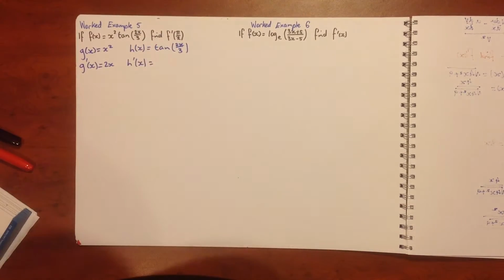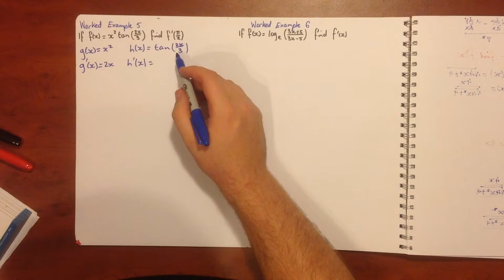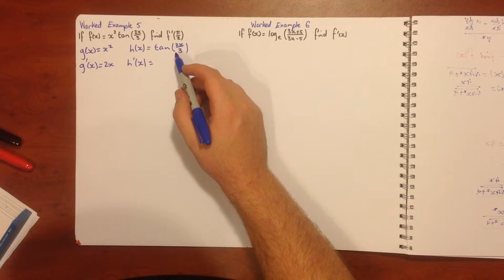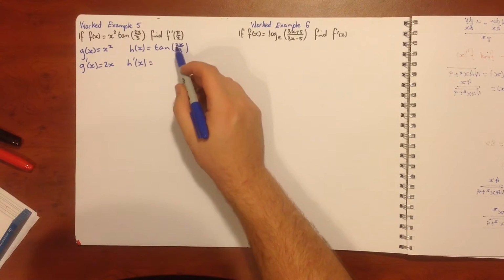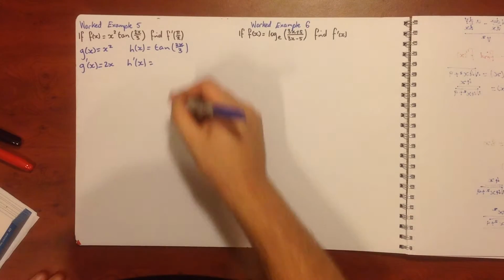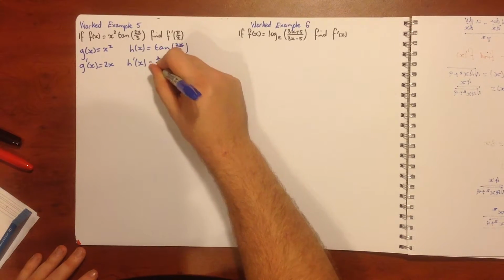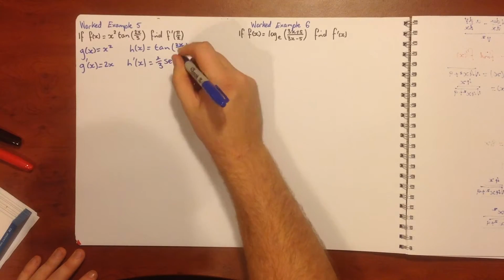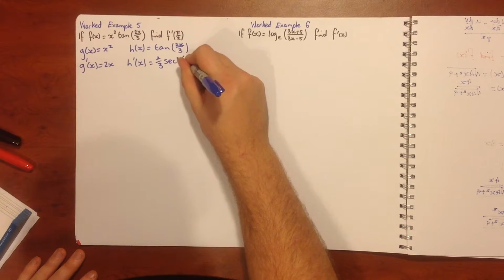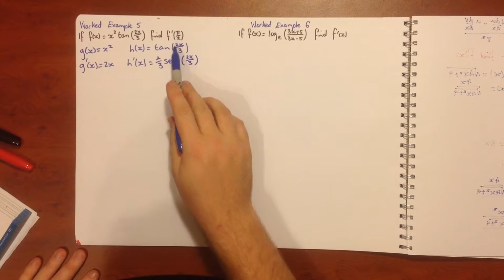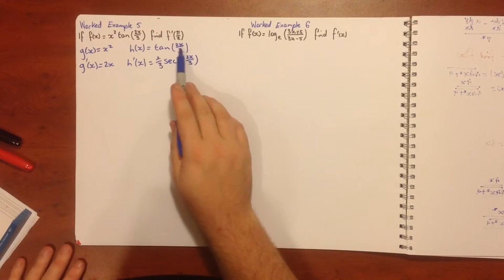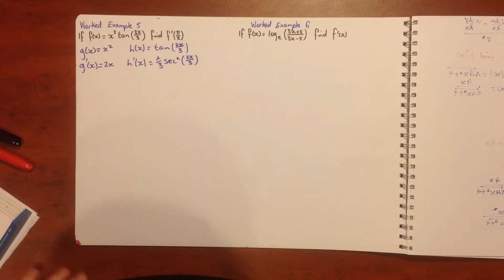Remember for this one, when we take the derivative of tan of x, we've got to bring out what we have here. Our 2 on 3 has got to come out the front. So it's 2 on 3 sec squared of 2x on 3. We look at the derivative of the inside and bring it out the front, of sec squared.